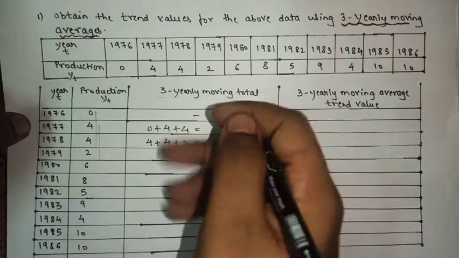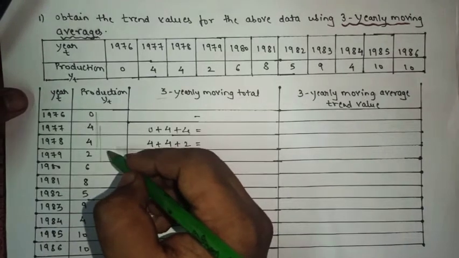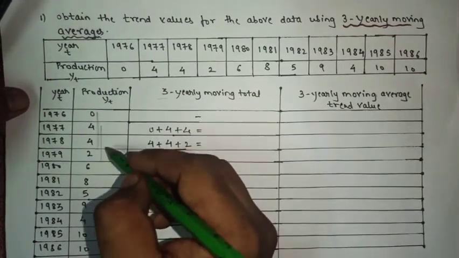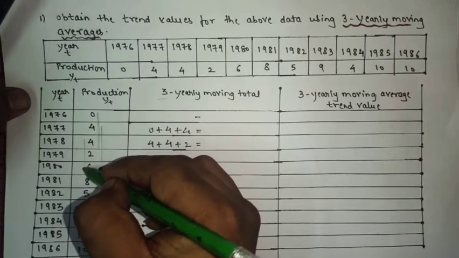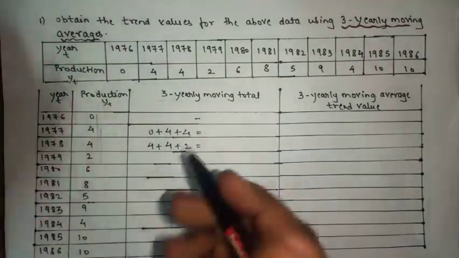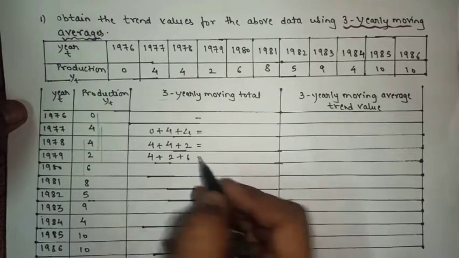Okay, so we'll see the next one. Now we'll add from 4. So 4, 2, 6. So this will be 4 plus 2 plus 6.